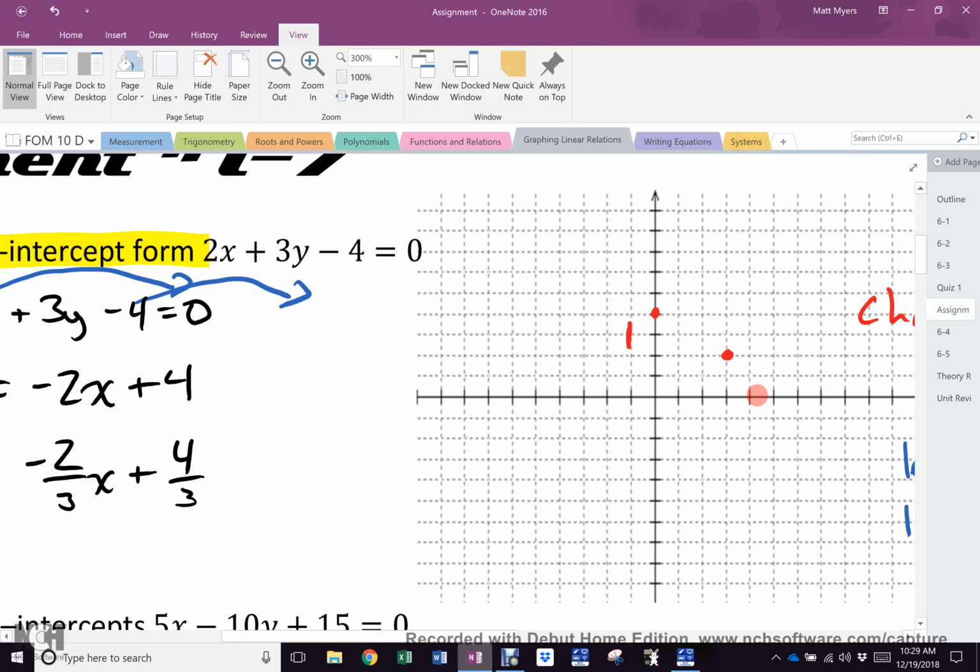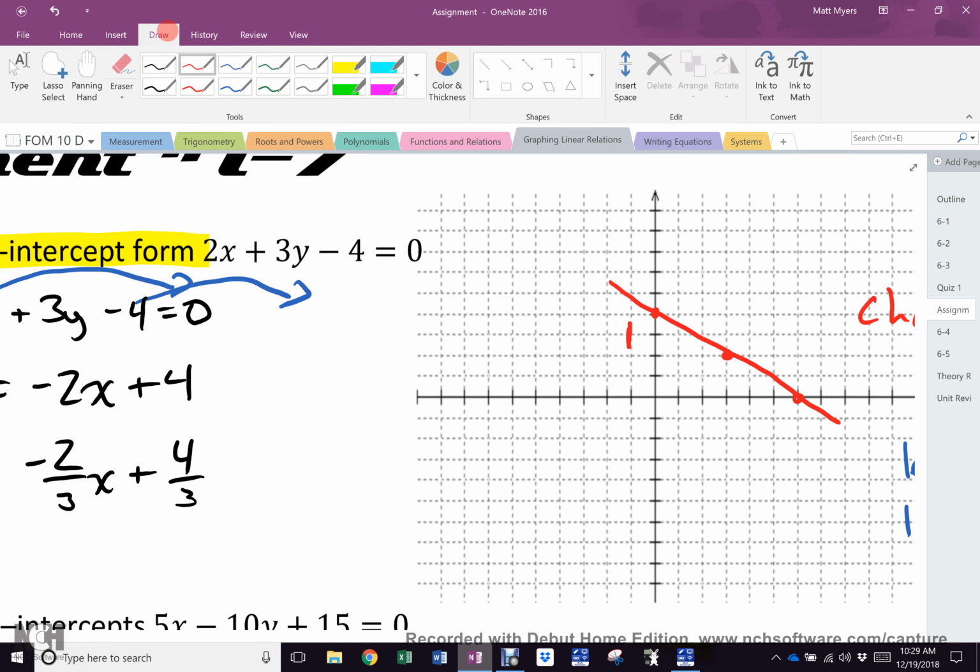Done. Now if you don't want to change the scale, then 4/3 is a little bit past 1, right? And down 1, 2, then out 1, 2, 3. Right there. But I don't know why you wouldn't change the scale.